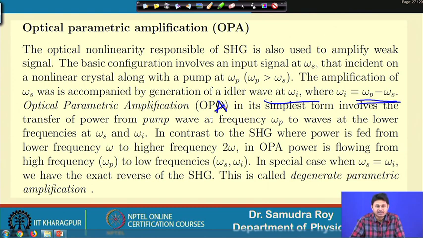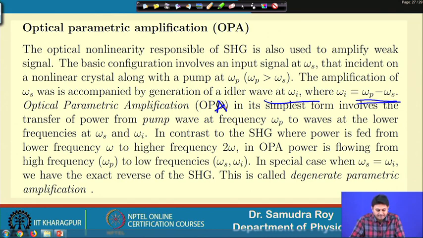The pump basically gives the additional energy to feed the corresponding fields at frequencies omega s and omega I. So, omega s and omega I both will get amplified by launching a strong pump.